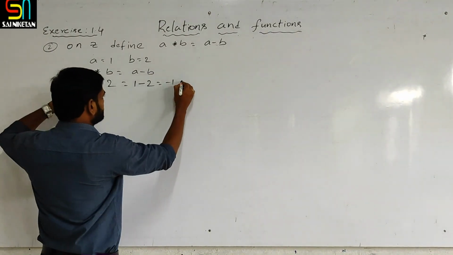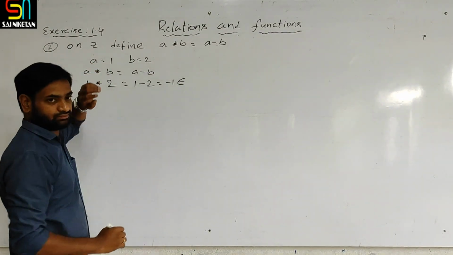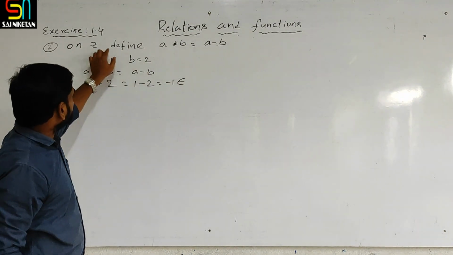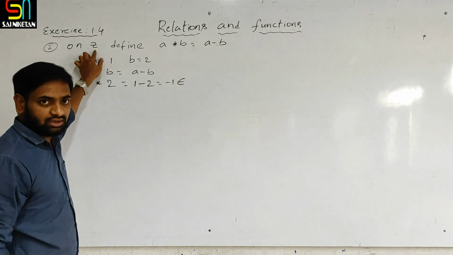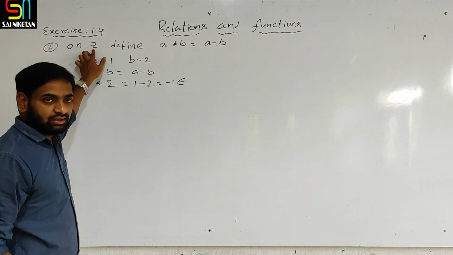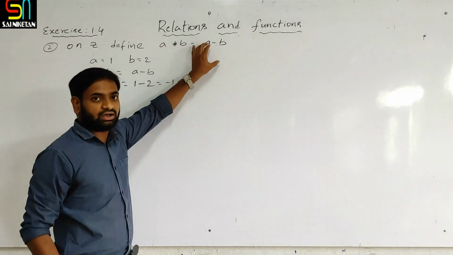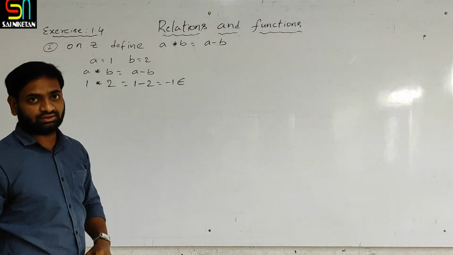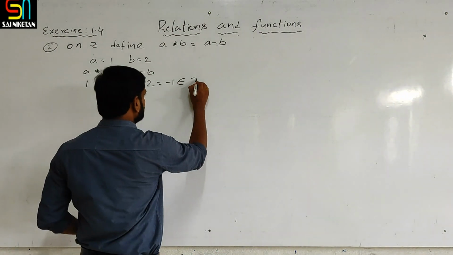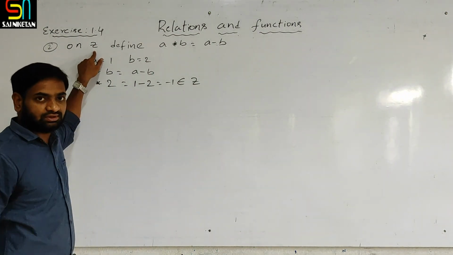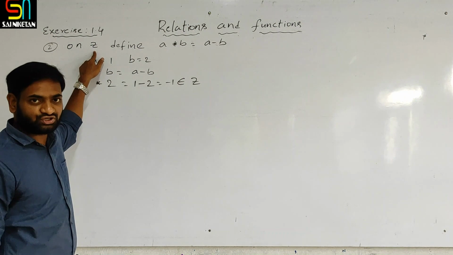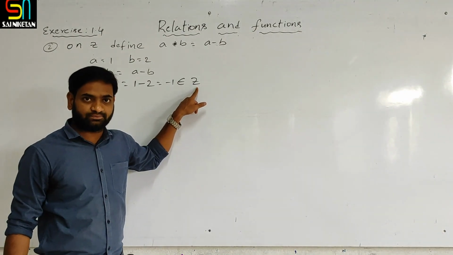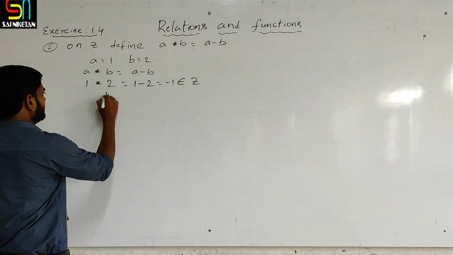Now this minus 1 belongs to the same set. Here I am taking A value and B value from the integers Z. After applying the operation, the result is minus 1, and this minus 1 belongs to the same set of integers, so it is a binary operation.